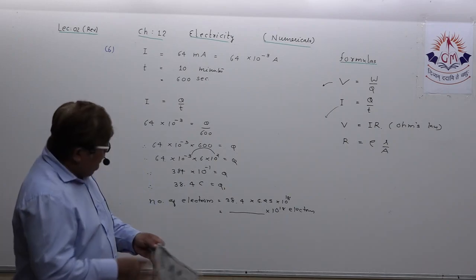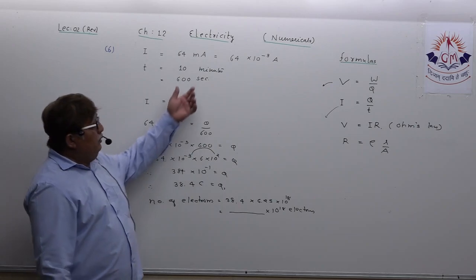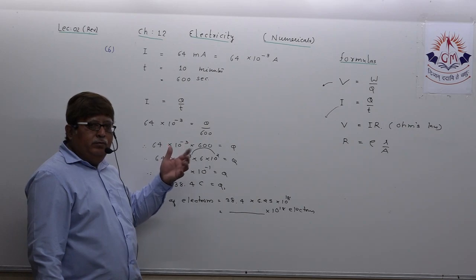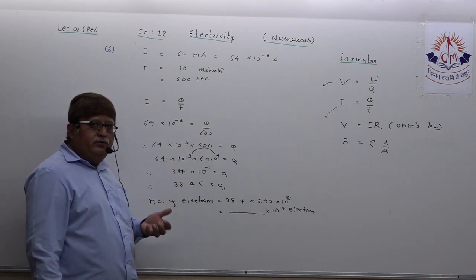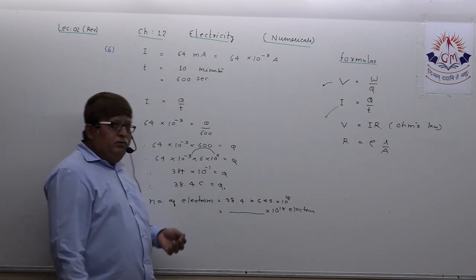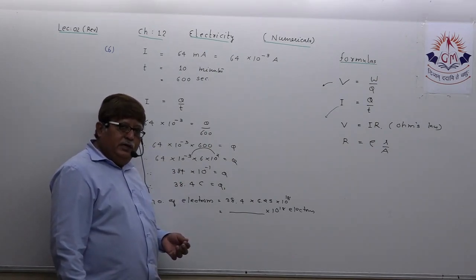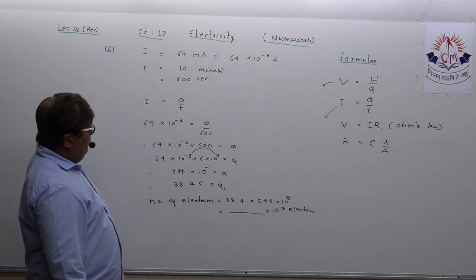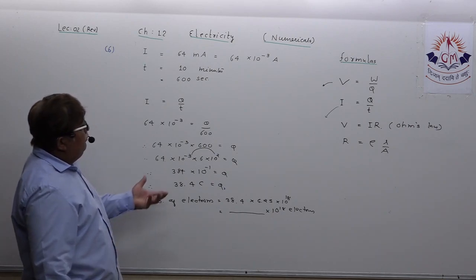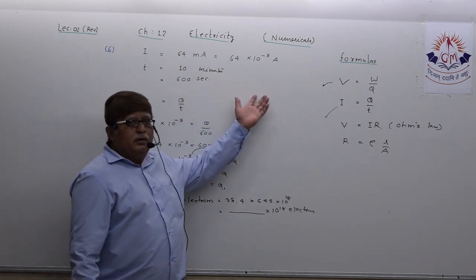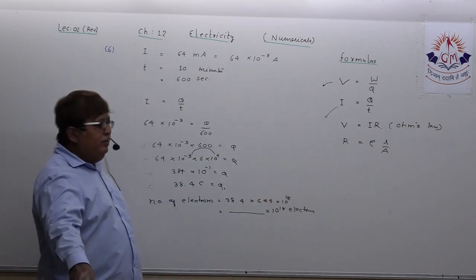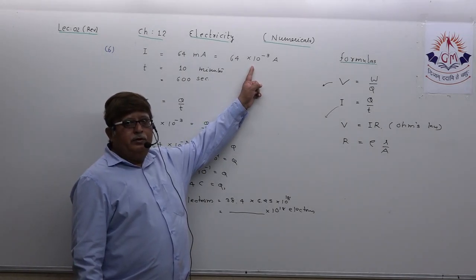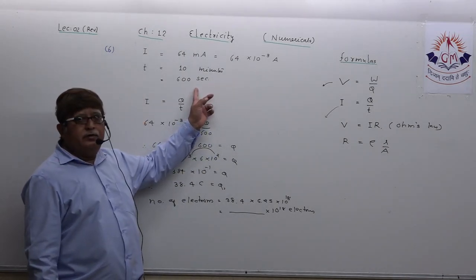Understand, a numerical looks easier, but it may happen that you may not immediately strike in your mind how to get the number of electrons. Okay, so this way you have to be conscious. There are some other ways also, dear student. Suppose this much ampere current is passing in 600 seconds.